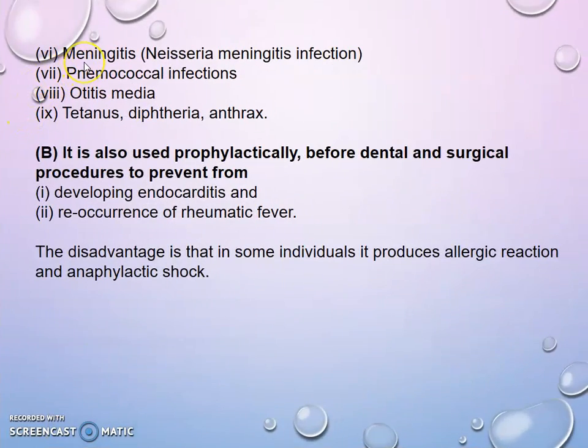Again, it is used to treat meningitis, pneumococcal infection, otitis media, tetanus, diphtheria, and anthrax. It is also used prophylactically before dental and surgical procedures to prevent developing endocarditis and recurrence of rheumatic fever. The disadvantage is that in some individuals it produces allergic reaction and anaphylactic shock.